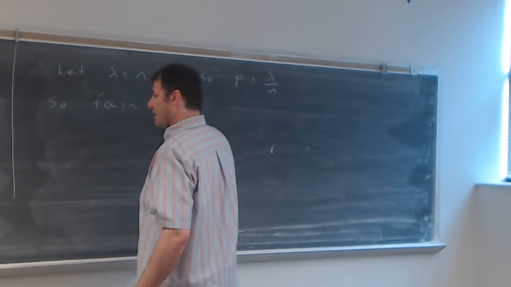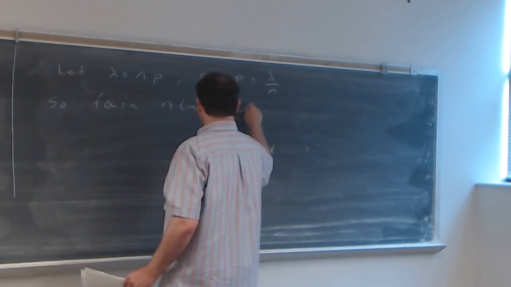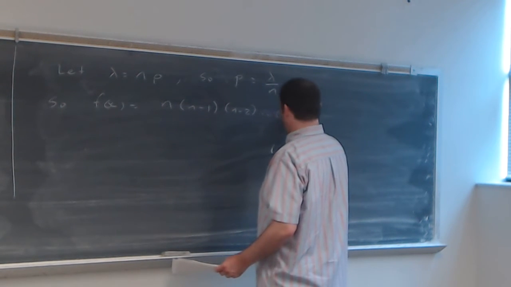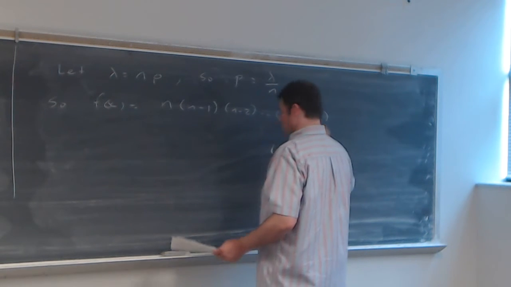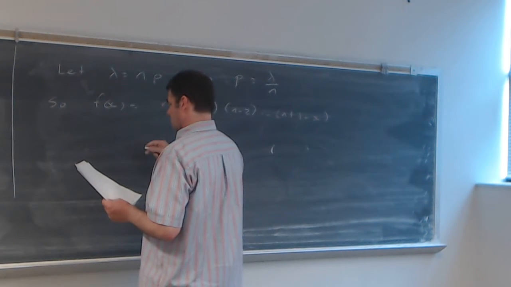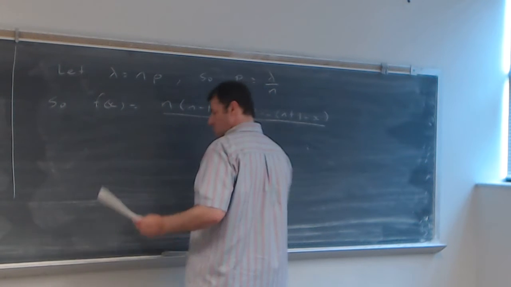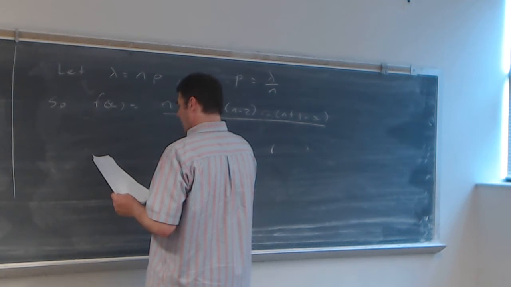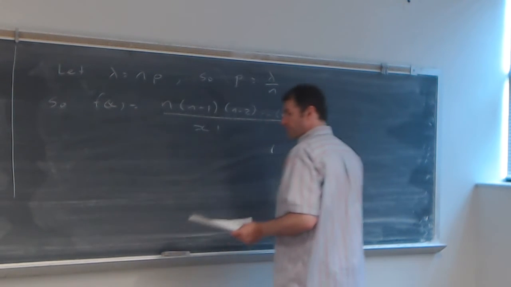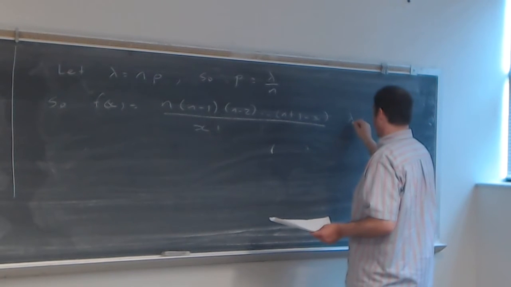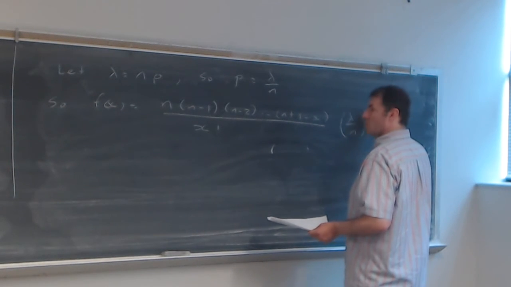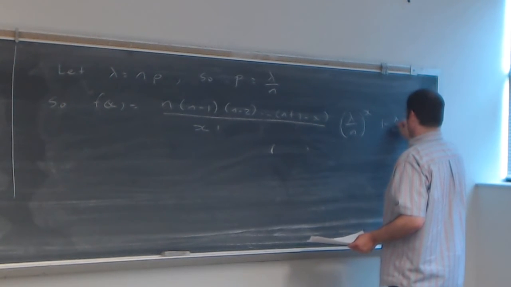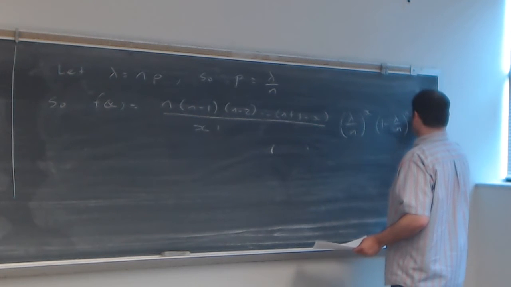It's equal to n times n minus 1 times n minus 2, all the way down to n plus 1 minus x, and then x factorial. There's p to the x, but I'm going to write that as lambda over n raised to x, and then 1 minus p, which is 1 minus lambda over n raised to n minus x.